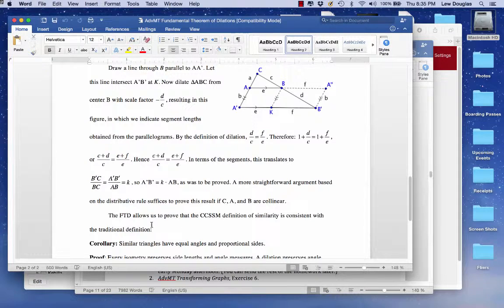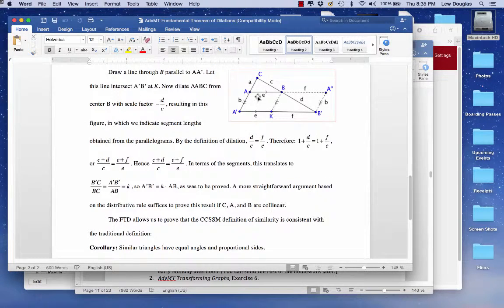Okay, and so just to wrap up, similar triangles. That means a corollary of this is that since every segment gets mapped into a segment that's parallel, that means similar triangles must have equal angles.